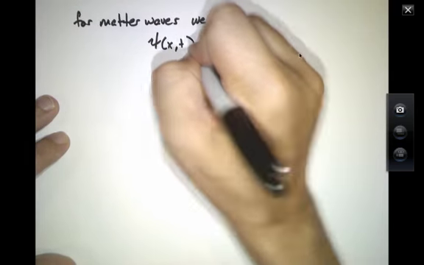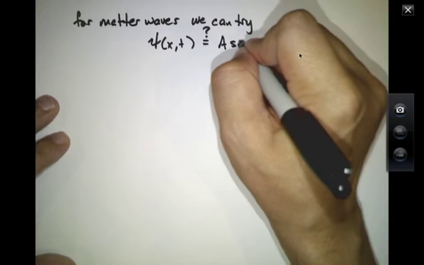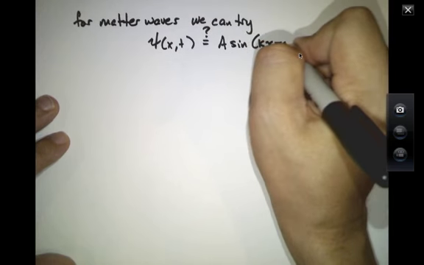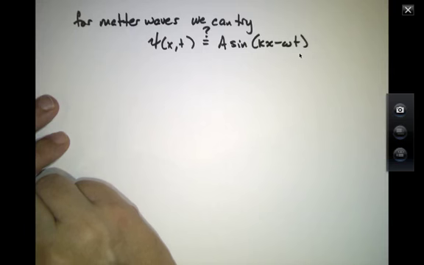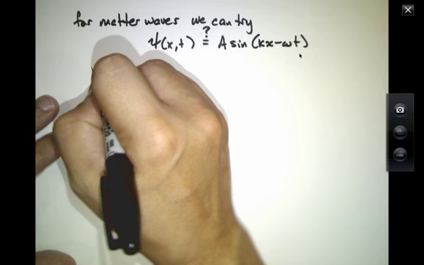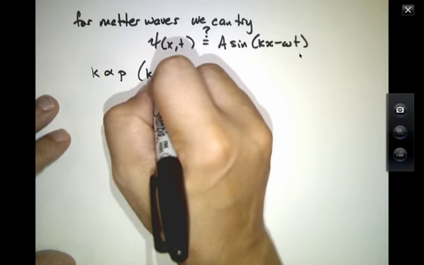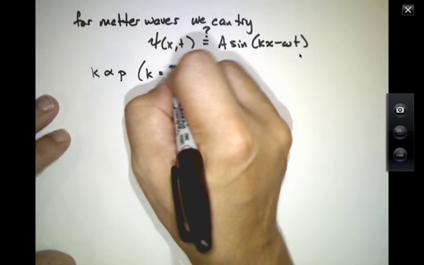So we can try such a sinusoid for matter waves as well, and see if this would work. Here k is proportional to p. Actually, it's p over h bar.